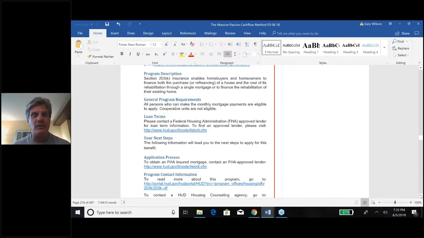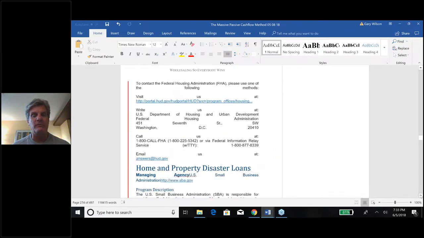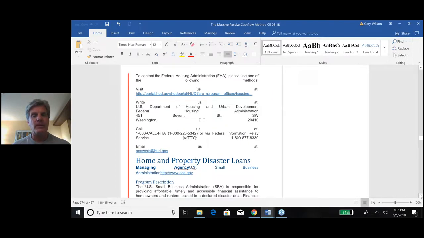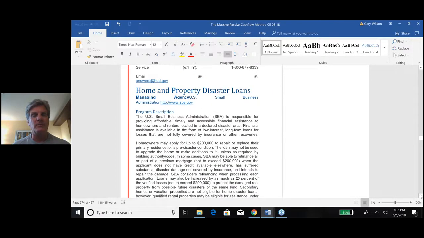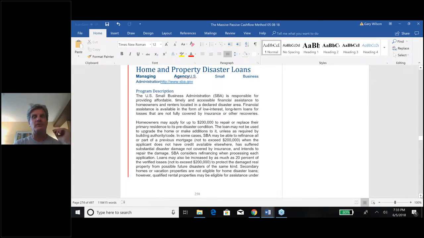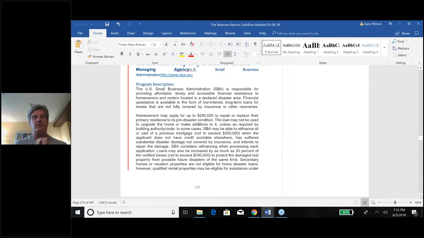There's another document I want to jump to in a moment that has more information if we have time. Again, another disaster loan: the Small Business Administration, a different entity. It's another government agency, but it's not part of HUD, not part of Housing and Urban Development, not part of FHA.